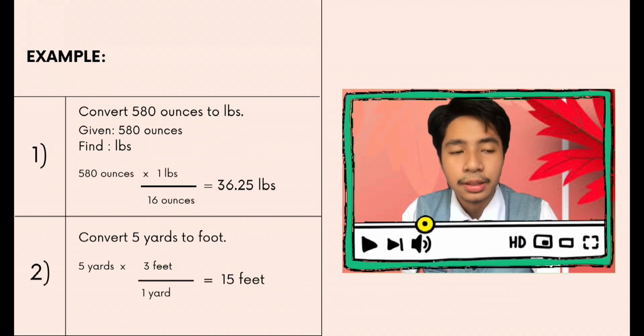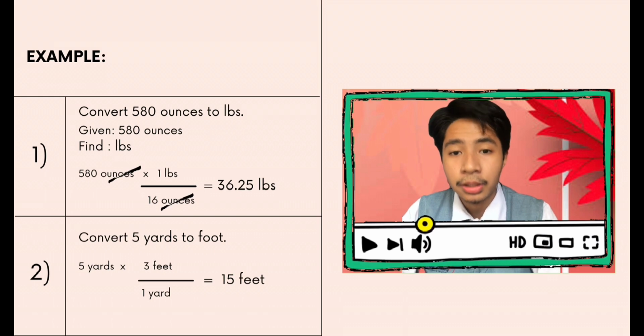So let's write it: 580 ounces times 1 lb divided by 16 ounces. Cancel out the ounces, so we will have the remaining unit, which is the lbs or pounds.